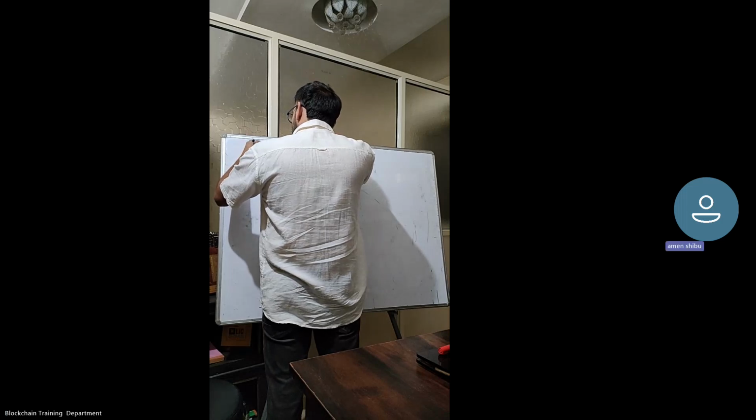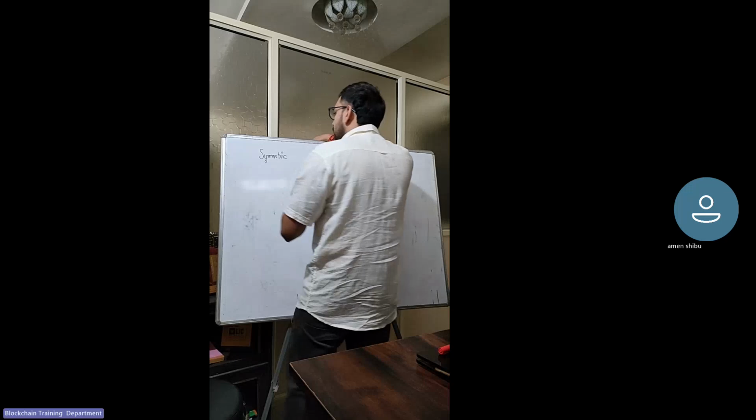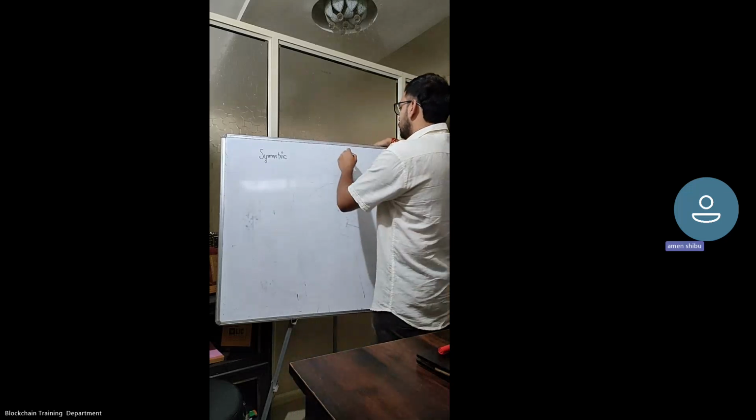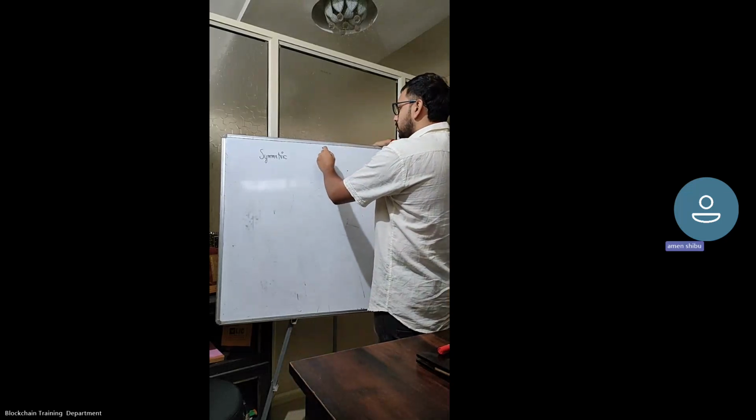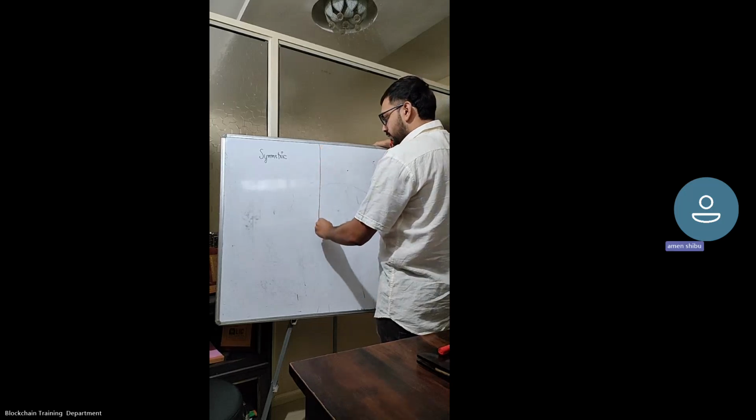Symmetric cryptography has a single key, and it is sent to a receiver. Only a single key is used.